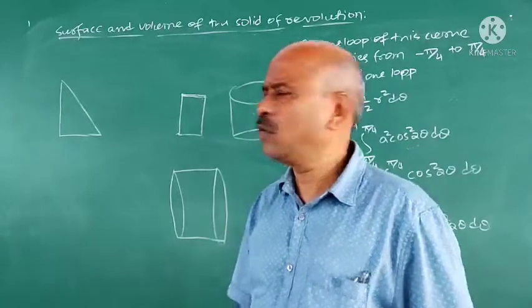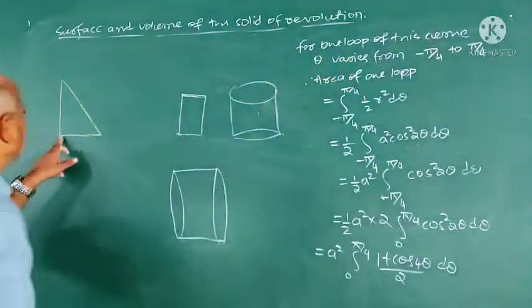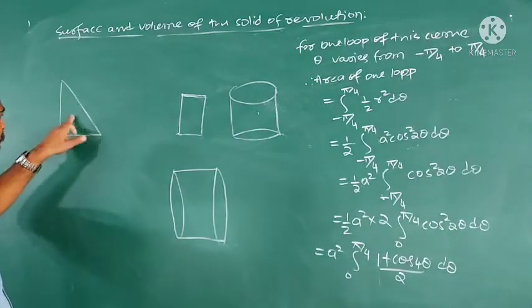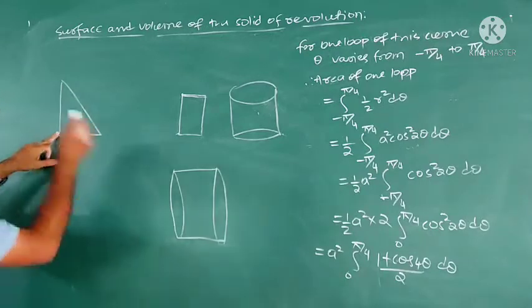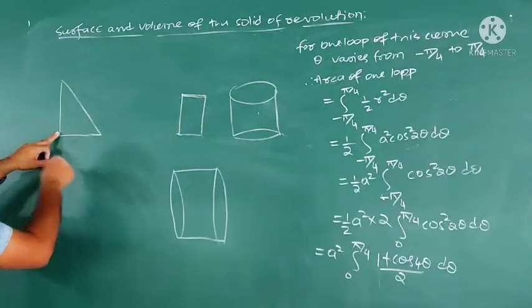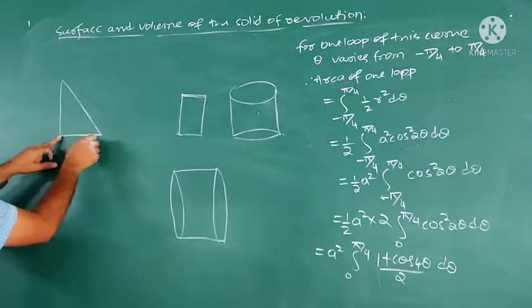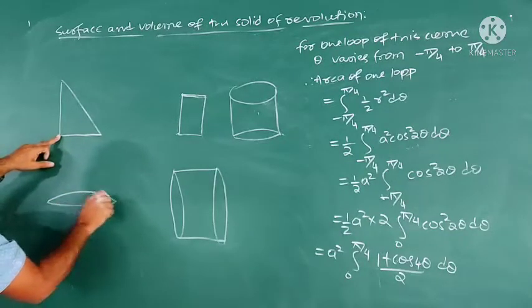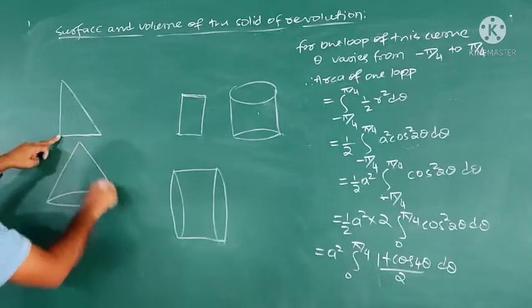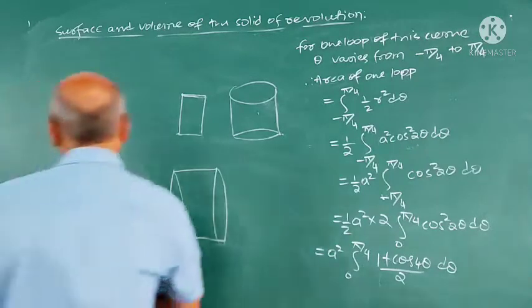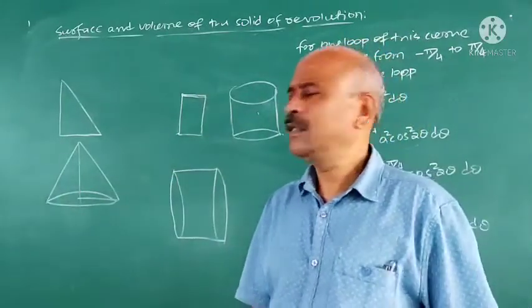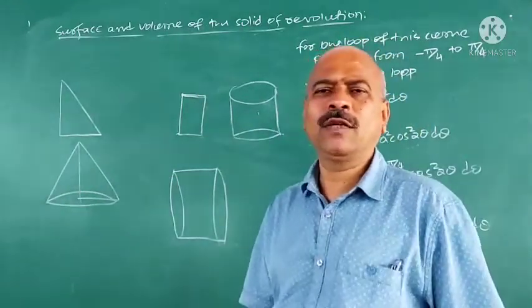You will get a right circular cone, because if we revolve this area bounded by the right angle triangle about this line, then what do you get? This line, if we revolve, gives a curved surface like this. What is this? Right circular cone.